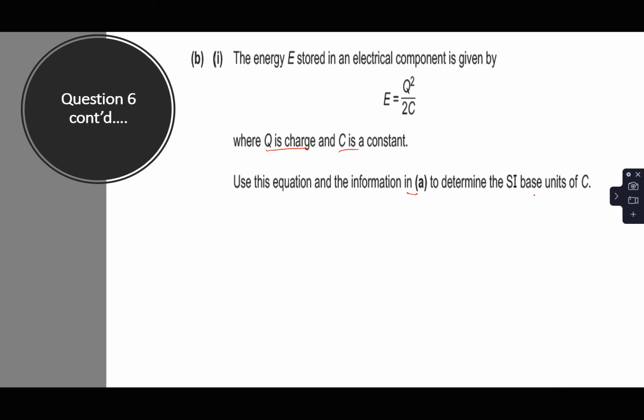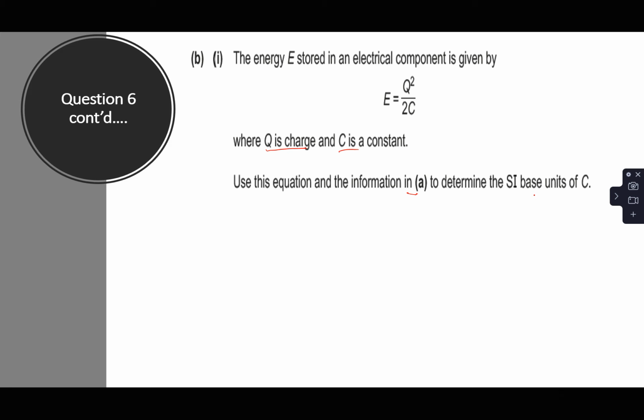So in question number 5, we have already seen that the base units of... in question, what question was that? Was it number 6? Oh, sorry, this is a continuation of number 6. I had not seen this.